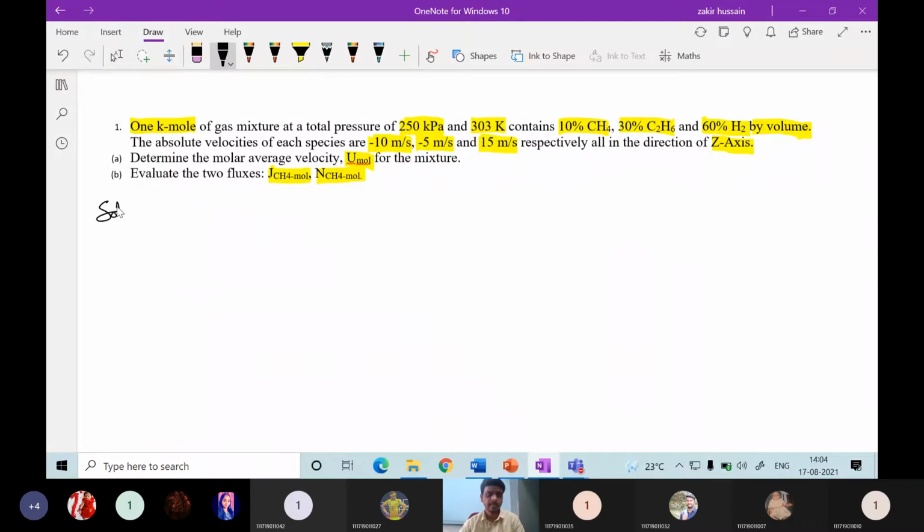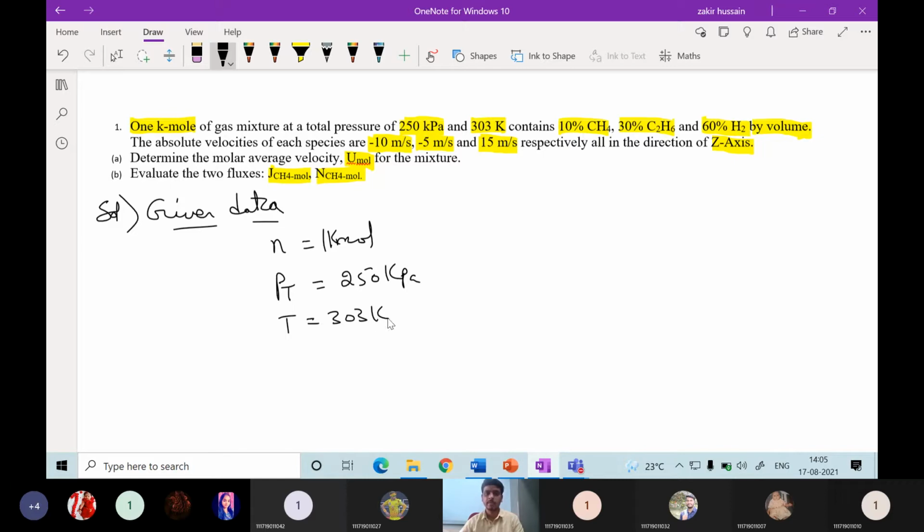First let us write the given data. The moles of gas is N equal to 1 kilomole. Total pressure P_T is equal to 250 kilopascal, and temperature is 303 Kelvin.